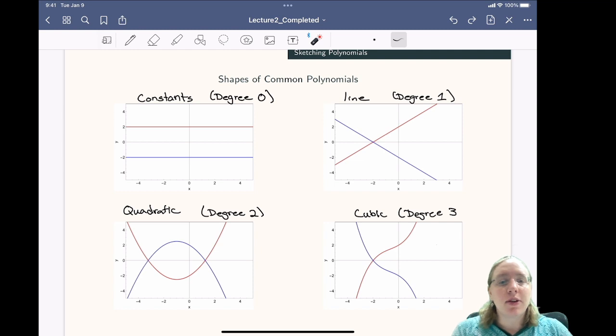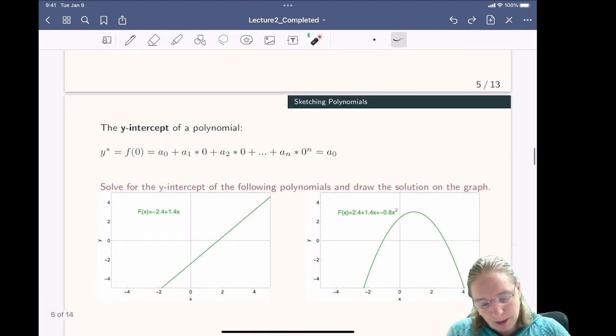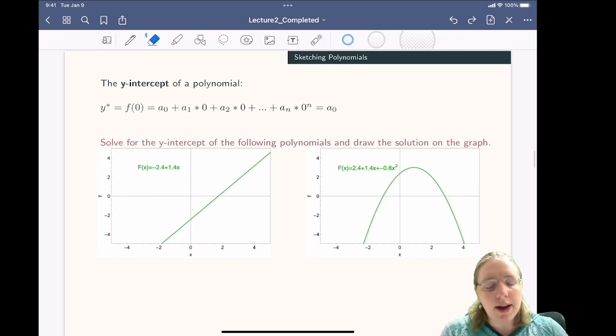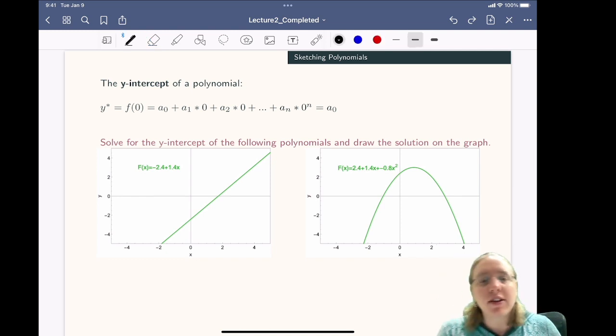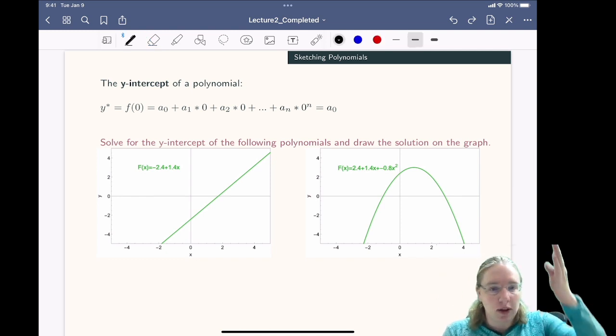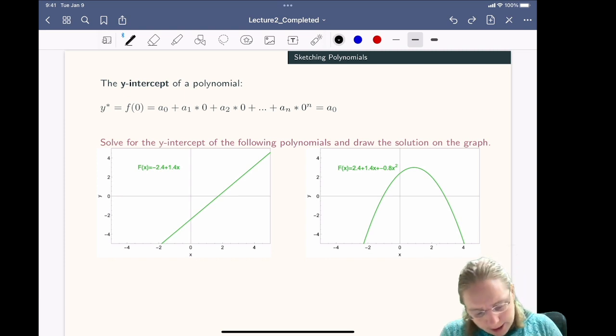All right, so there's even more that we can tell about these quadratics, but in order to do that, we have to think about these other terms that we've talked about for functions. For example, the y-intercept. So the y-intercept of a function is the point where it intersects with the vertical y-axis. So if I were to draw that in these cases, it would be this point here and this point here.